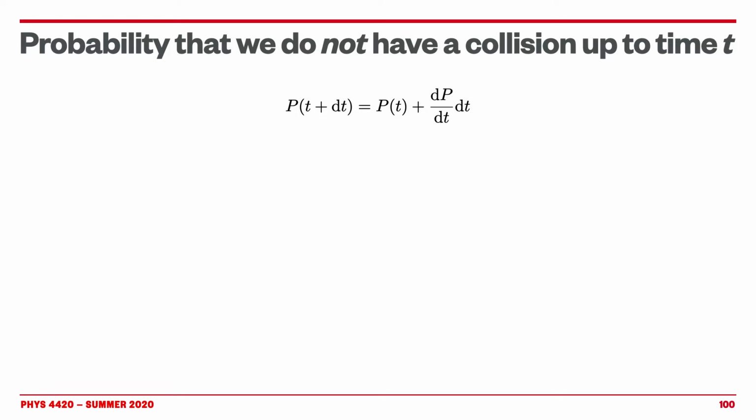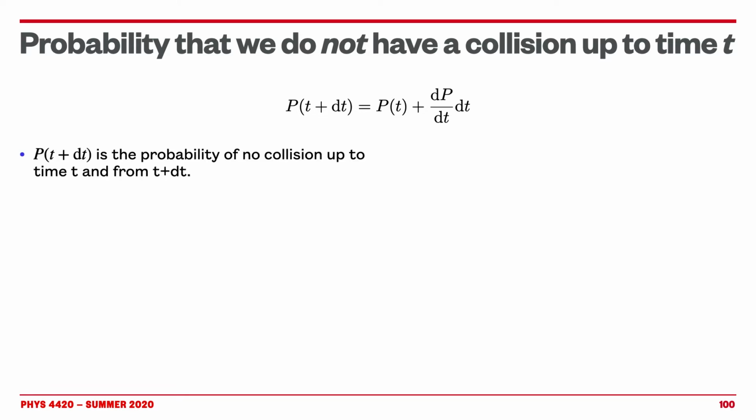Okay. At the same time, the probability to not have a collision up to time t plus dt is the probability of not having a collision up to time t times the probability of not having a collision between time t and time t plus dt, right? So this is an example of where the math is easier to say than the English.